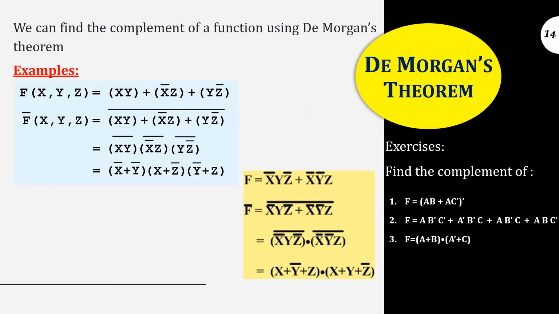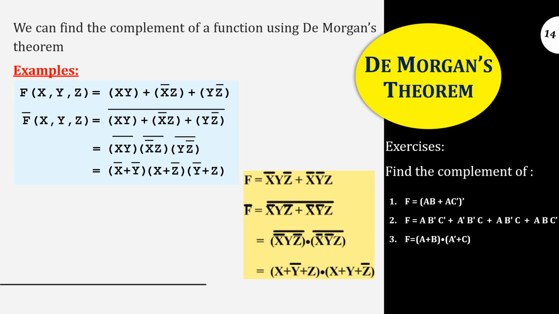We can find the complement of a function using De Morgan's theorem. Now let's look at an example. We are given F with three variables X, Y, Z as XY plus X bar Z plus Y Z bar. We need to find its complement, F complement. That means we are taking the whole complement of the expression F, that is (XY plus X bar Z plus Y Z bar) the whole bar.